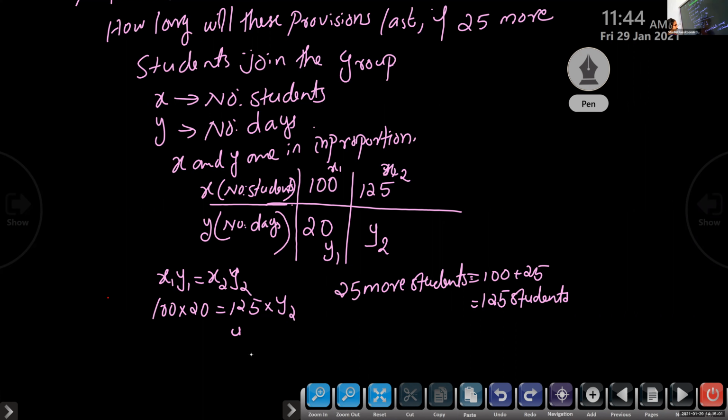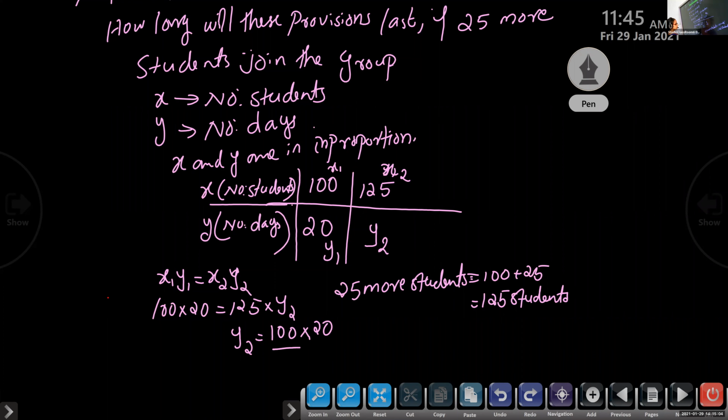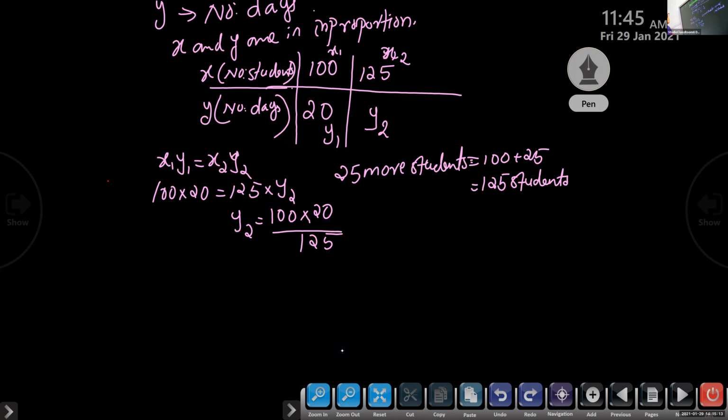So Y2 equal to 100 into 20 divided by 125. Simplify. Ma'am, 16. Y2 equal to 16.